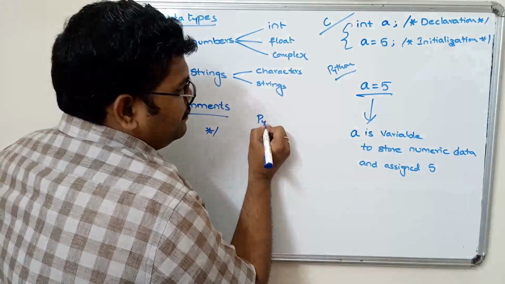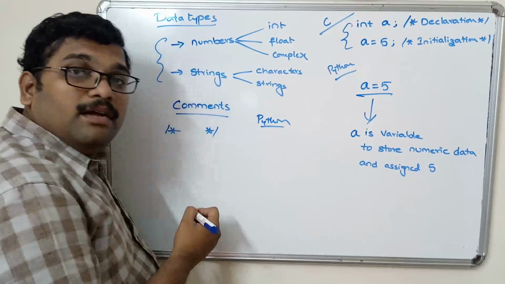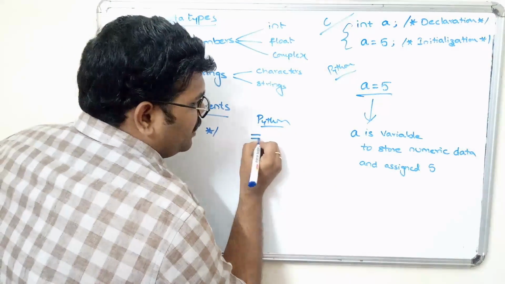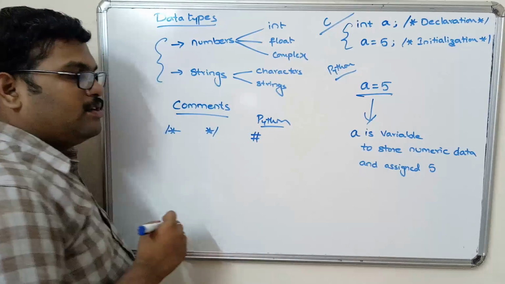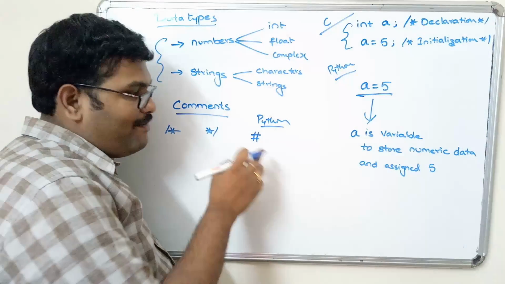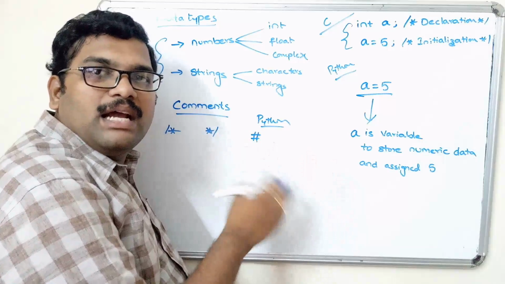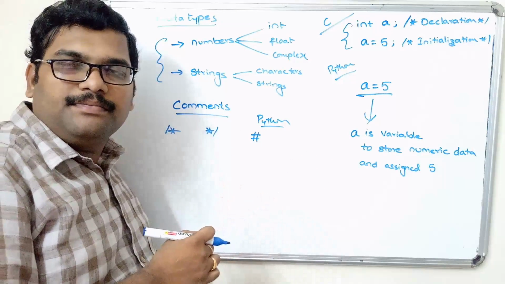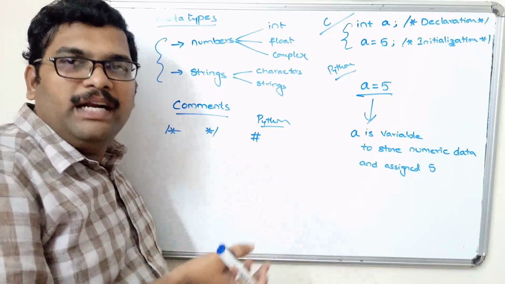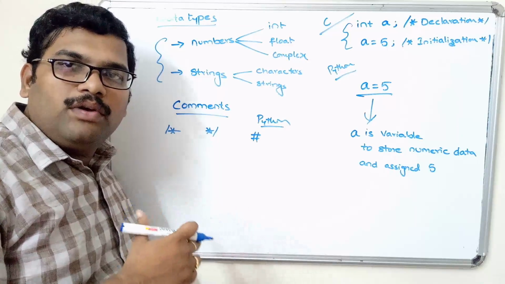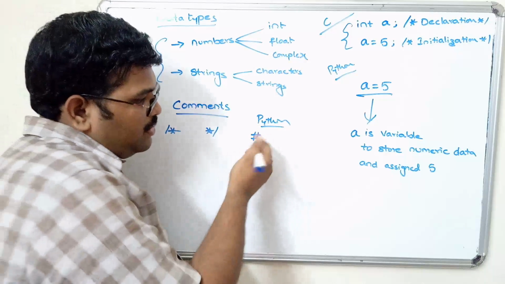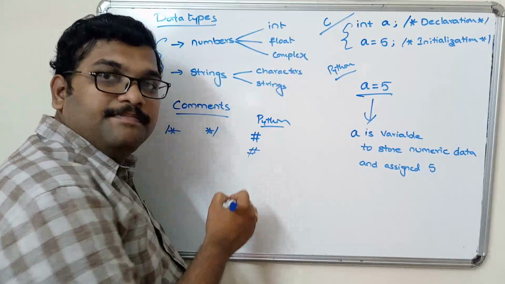In Python, the comment is represented with a hash. Whatever line has the hash at the beginning will be considered a comment. It's a single line comment, so it is not used for multiple lines. If you want to give comments in 2 lines, you can use 2 hashes.